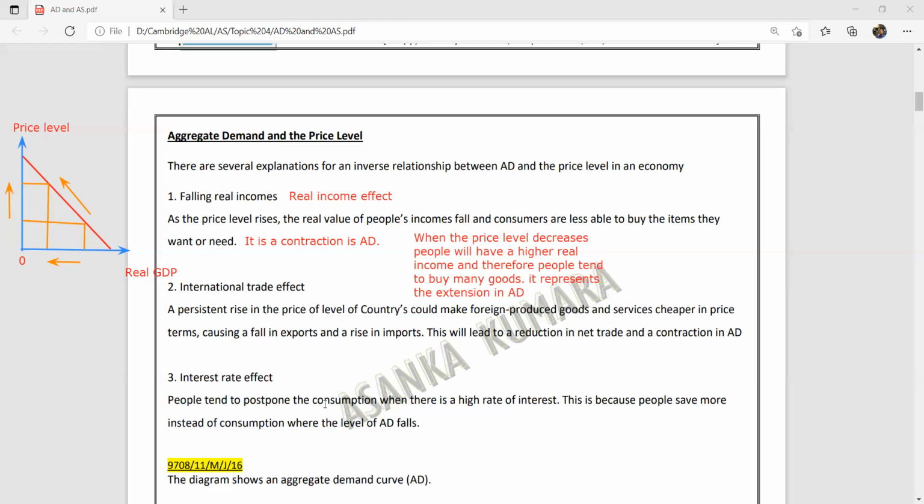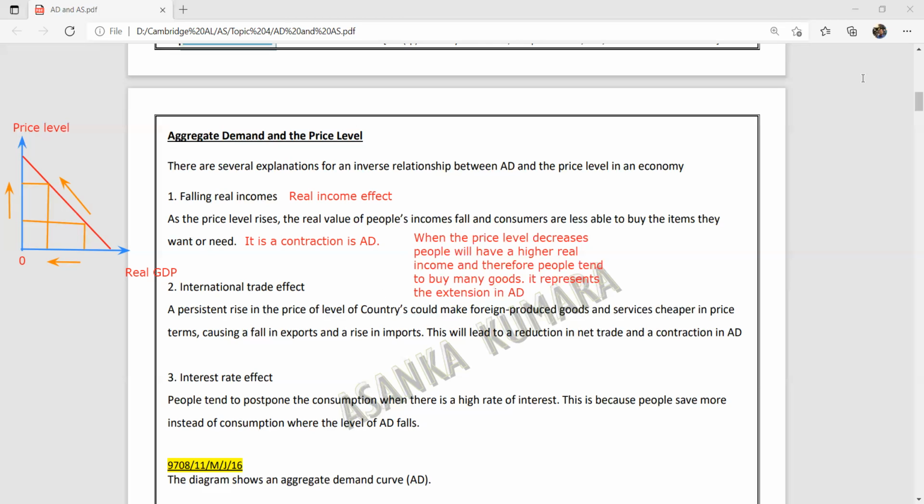So aggregate demand falls. On the other hand, when the price level goes down, the interest rate also falls. Then people do not save. They will use money for the consumption of goods and services. Once again, aggregate demand will rise. As a result, aggregate demand and the price level are inversely related. So these are the three reasons why a movement occurs along the aggregate demand curve.